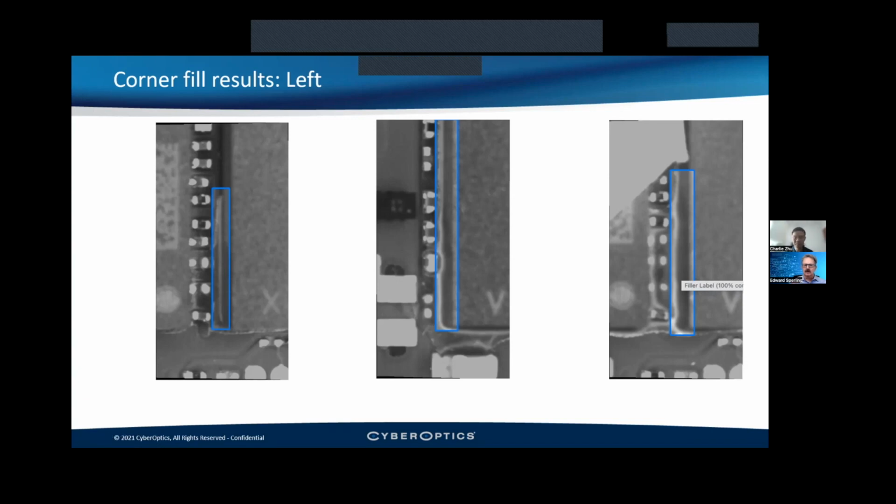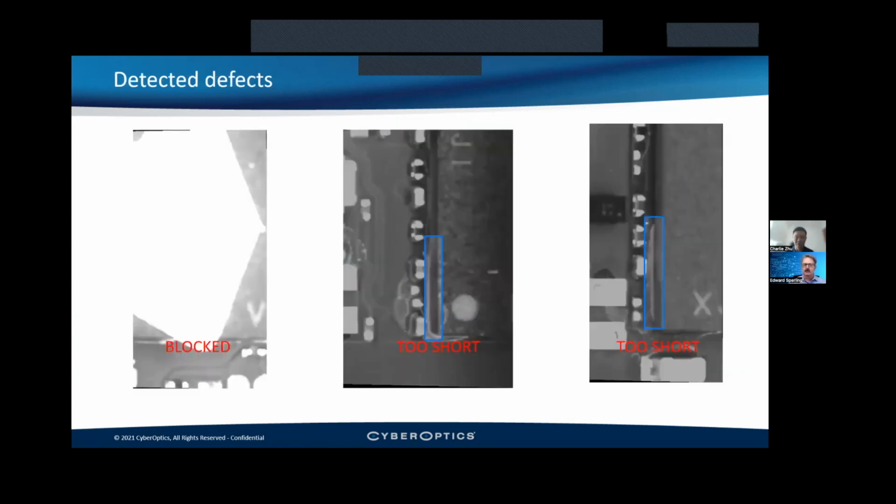So what does a defect actually look like, and how do you know that it's really going to cause a problem later on? Sure. There are mainly two types of defects. One is too short, or there's no appearance of the corner view. In these slides, the middle and the one on the right are examples where the corner views are too short. And we are trying to mimic the non-presence on the left.